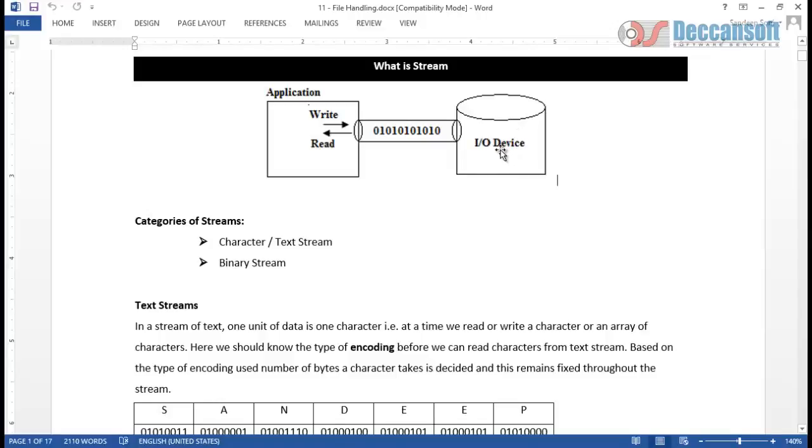But when I say a file on the disk, what does it mean? A file on the disk is again nothing but a continuous series of bits which has one starting point and one ending point. In between there will be consecutive bits. So our application now will have to manage that binary form which the file is identifying itself as on the disk.